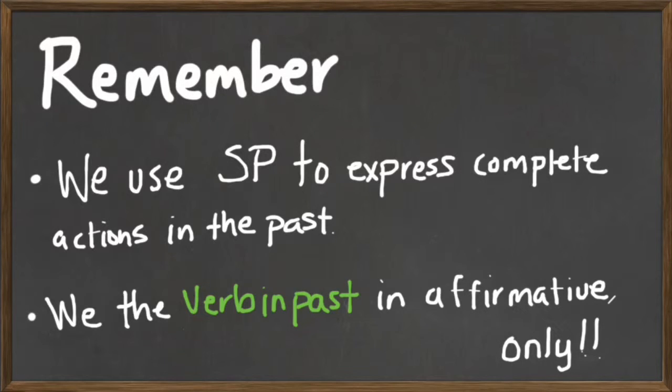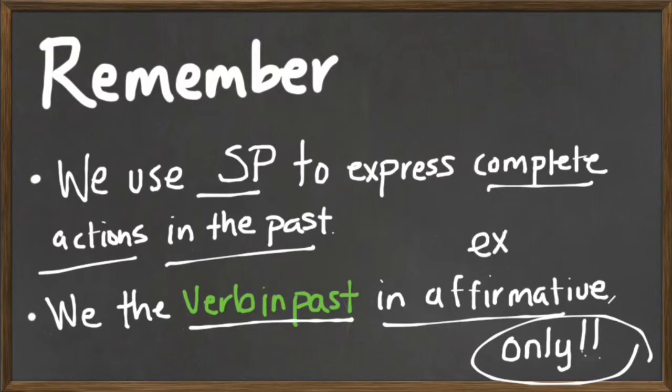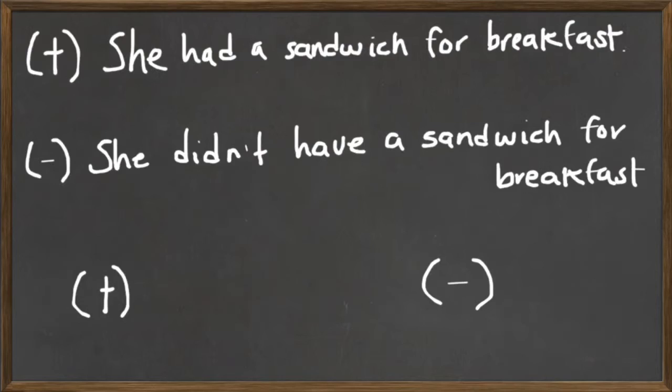Okay, so don't forget, remember that we use the simple past to express complete actions in the past, obviously. And also another thing is that we use the verb in past in affirmative only, exclusively. Don't forget this, it's very important.